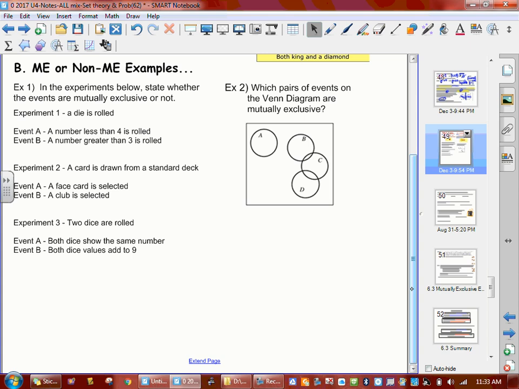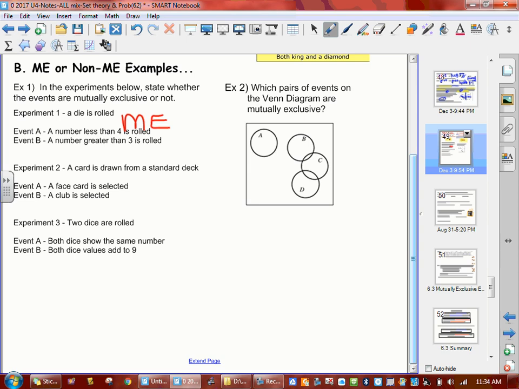So if it's less than 4, what numbers could it be? 1, 2, 3. Well, then it says a number greater than 3. Is greater than 3 a number 1, 2, or 3? No. So these would be in completely separate circles, correct? Which means they don't happen at the same time. So we would say those are mutually exclusive because they're not happening at the same time.